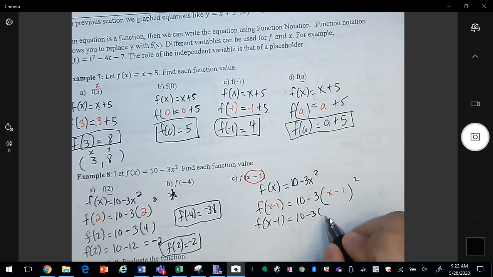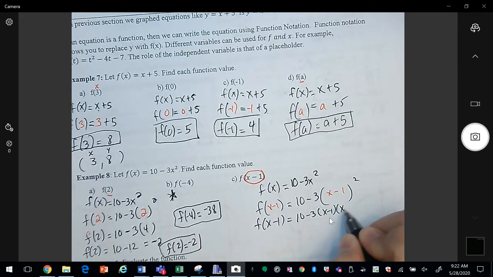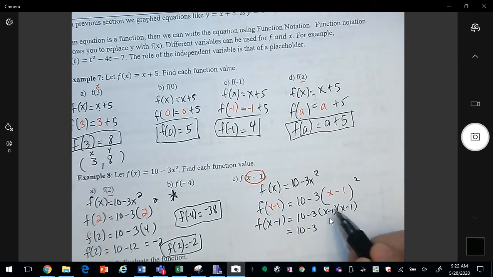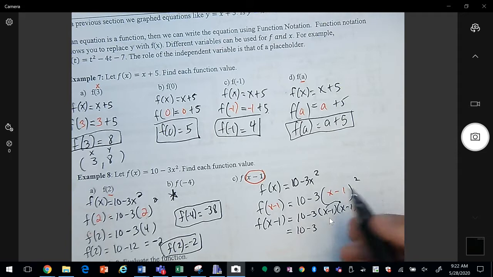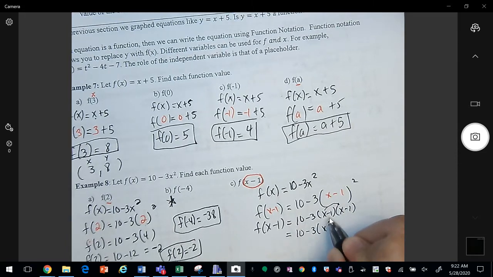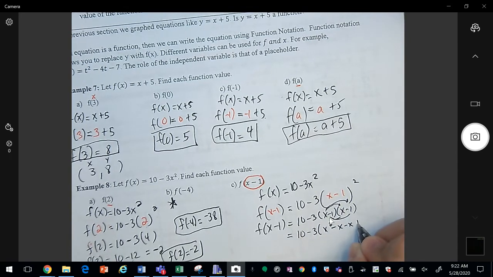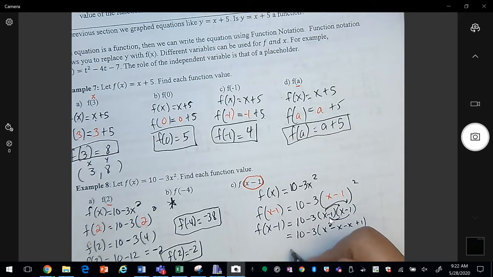So x minus 1 squared is the same as x minus 1 times x minus 1. So we're going to multiply these out. So x times x is x squared. X times negative 1 is negative x. Negative 1 times x is negative x. Negative 1 times negative 1 is positive 1. And then let's distribute this 3.